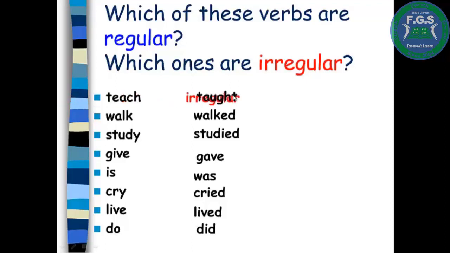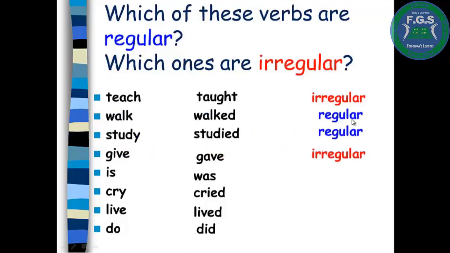Teach, taught, irregular verb. Walk, walked, regular. Study, studied, regular. Give, gave, irregular. Is, was, irregular. Cry, cried, regular. Live, lived, regular. Do, did, irregular verb.